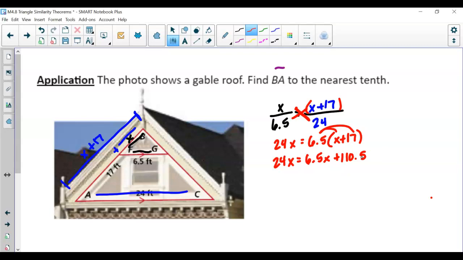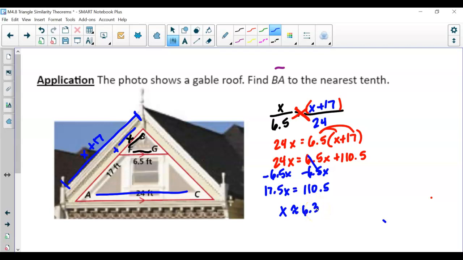So now we can gather our variables, subtracting 6.5X from both sides. Now we've got 17.5X is equal to 110.5. So now we can solve for X by dividing by 17.5, and you end up with X is approximately 6.3.